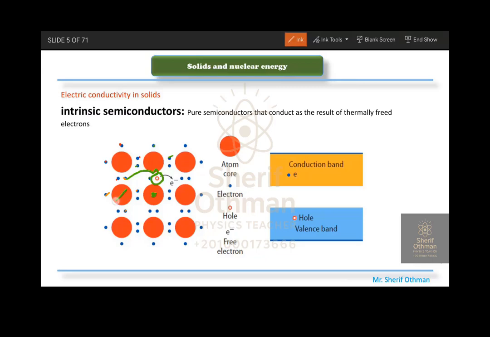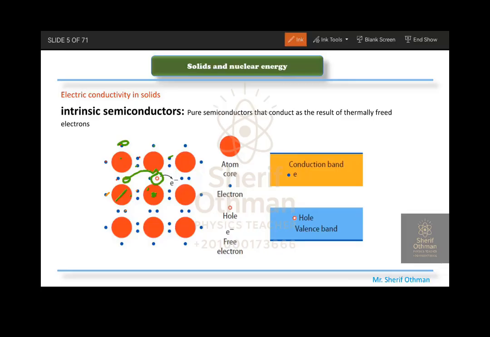So now this one is the atom which owns the hole, and the electrons are moved from this atom to this one. In return, this atom will not stay without a complete figure of electrons to be stable, so it's going to borrow an electron from a neighboring atom, let's say this one, and transfer the hole to this atom.